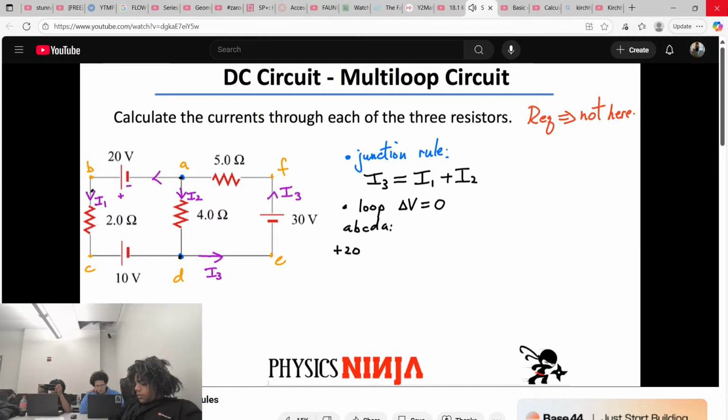If the current's flowing from top to bottom, this side is at a higher potential than the other, so there's a potential drop across that resistor, given by Ohm's law: the resistance times the current. The current is I1 flowing through there. Now I'm over here at point C. I'm going to cross a battery from the high potential to the low potential, so I get a voltage drop. Whenever you get a voltage drop, you put a negative sign.